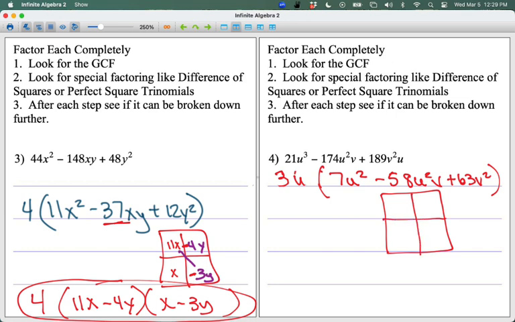And so when I do the box method, I'm going to have some binomials, but I can't forget my 3u. So I'm going to do it right now so I don't forget. So 7u squared going there becomes 7u and u. And 63 becomes 7 and 9, 3 and 21, and some other numbers.